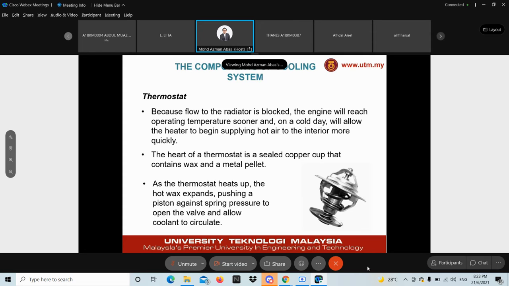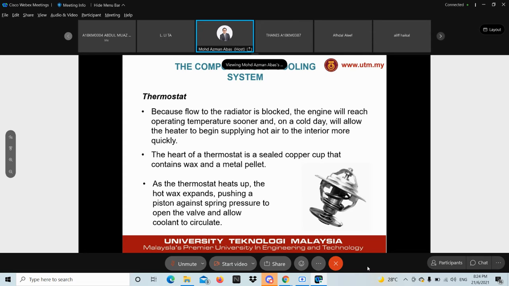It blocks the coolant flow exiting the engine, because it wants the engine to raise its temperature as quickly as possible, and also allows the coolant to exit the engine for the coolant to actually remove the heat. Okay. The heart of the thermostat is a sealed copper cup that contains wax and a metal pellet.